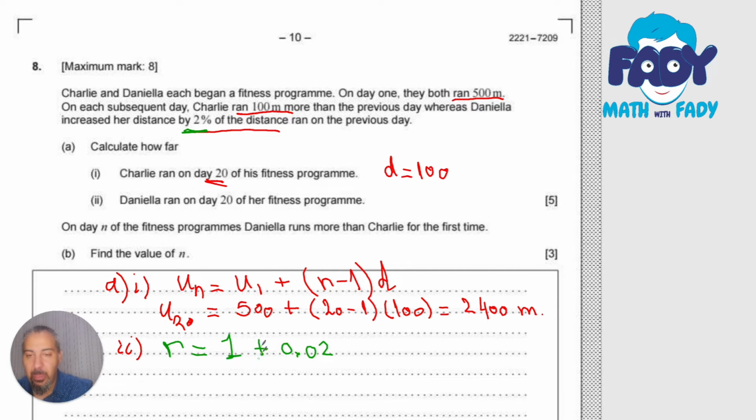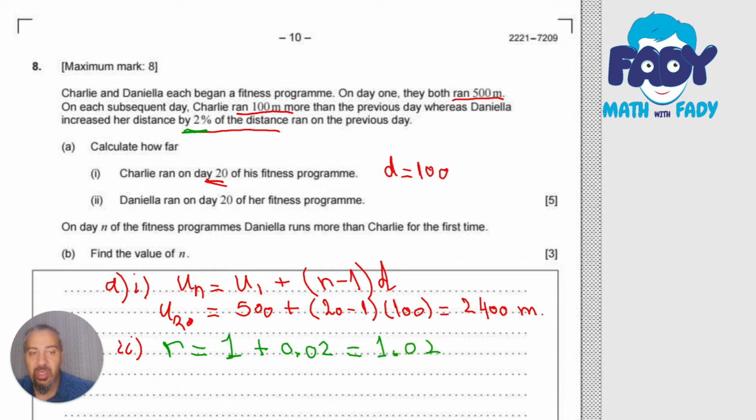Because this is the original number: we are calculating 2% of the distance run on the previous day. So the previous day is 100%, and we are adding an extra 2%. So 100% is the 1, plus the 2%. So our r is 1.02. This is very important.